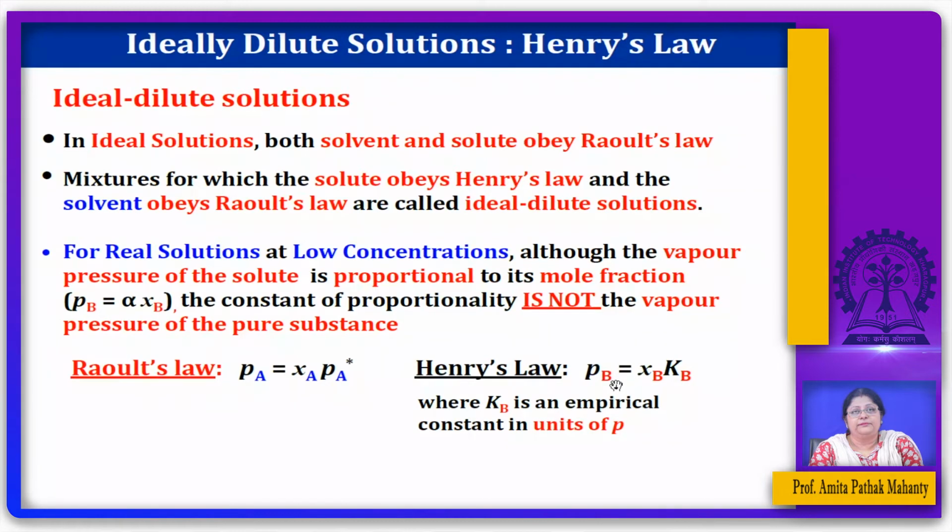Henry's experiments were performed over a number of systems, and only then was this equation established. So K_B is the slope of the curve between the partial pressure of the solute B versus the mole fraction of solute B in the solution, and is a measure of Henry's constant, which has a unit of pressure.